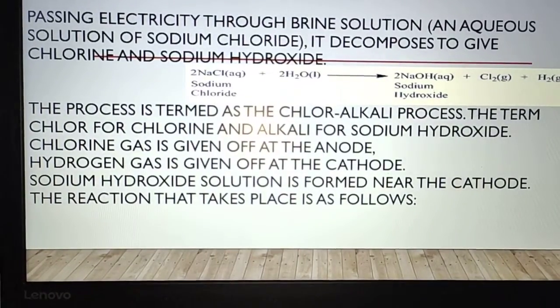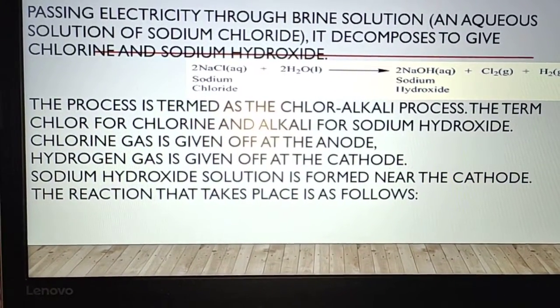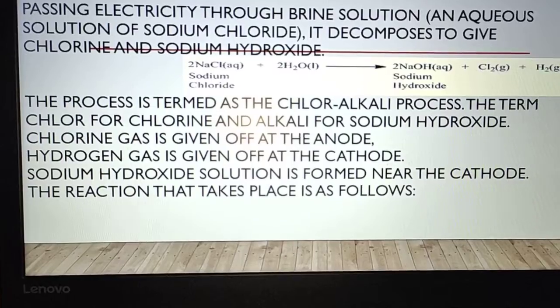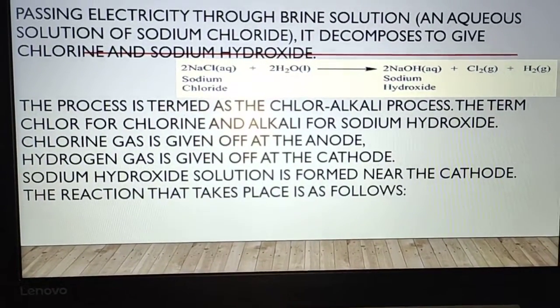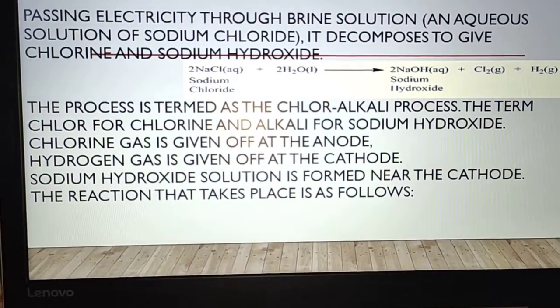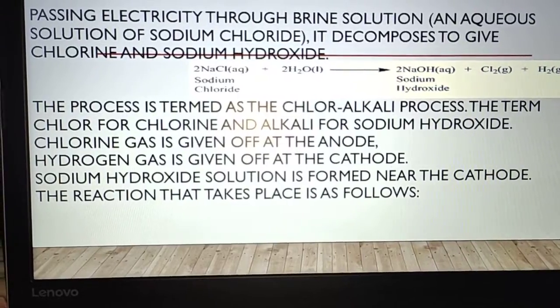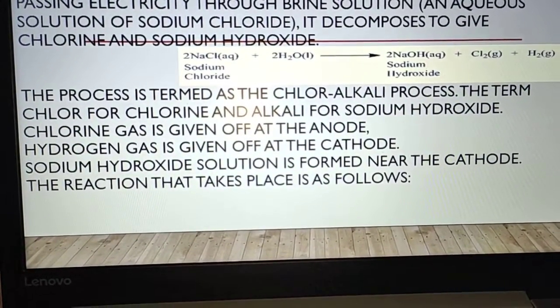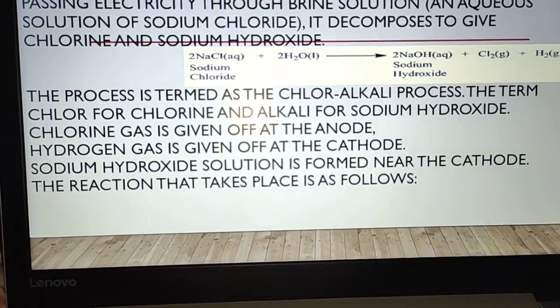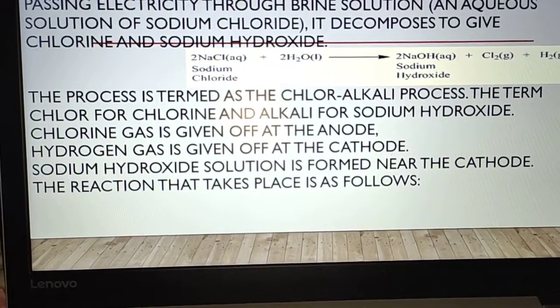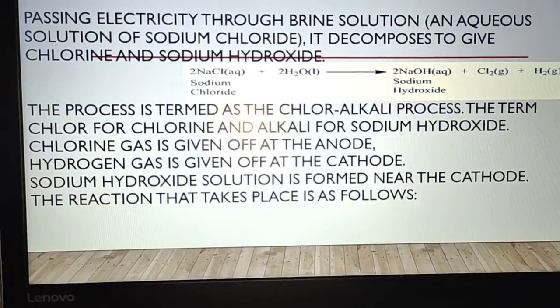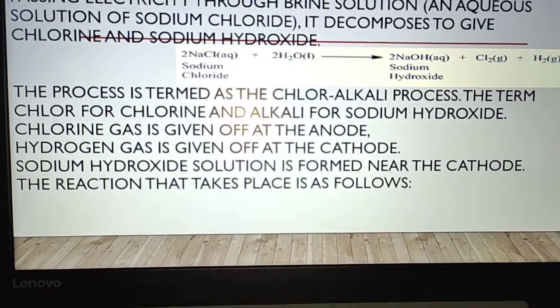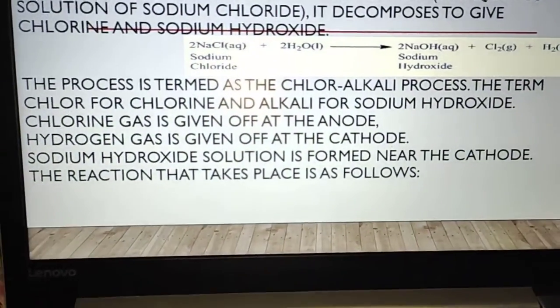The electrode connected to the positive terminal of the battery is known as the anode, and the electrode connected to the negative terminal of the battery is known as the cathode.